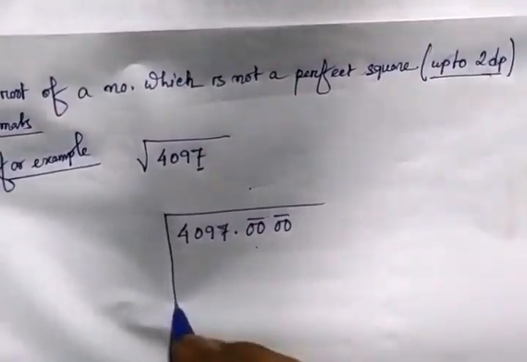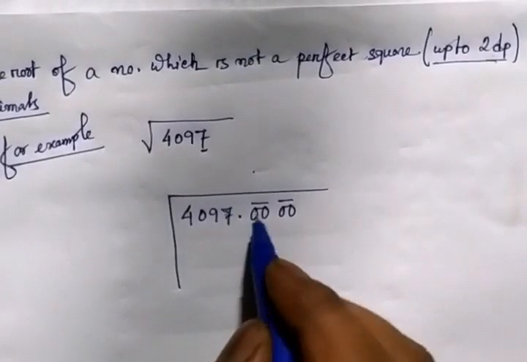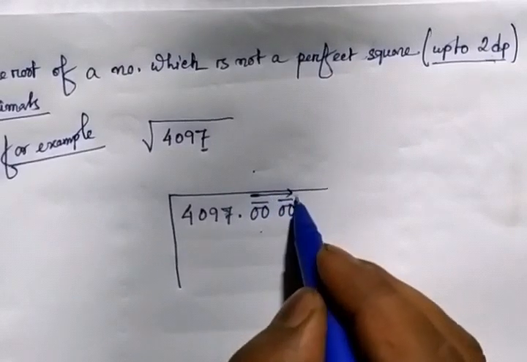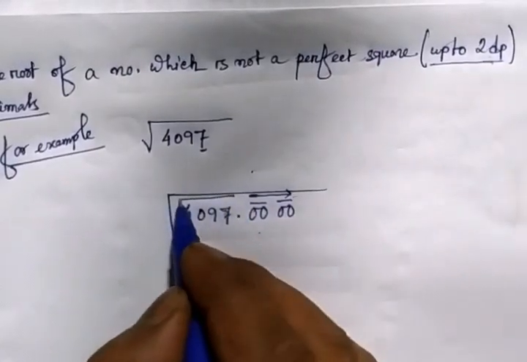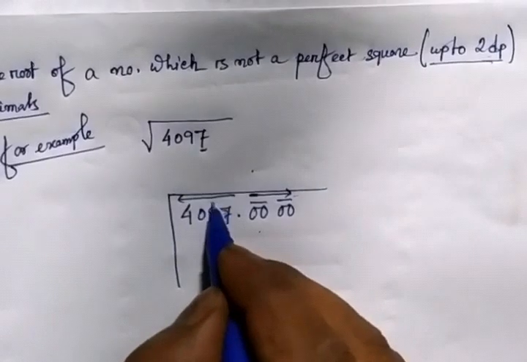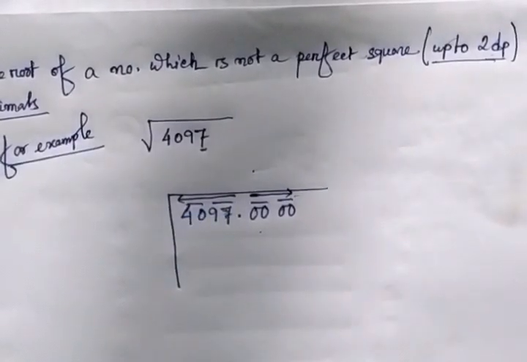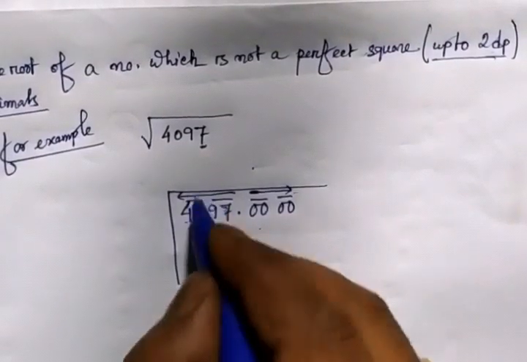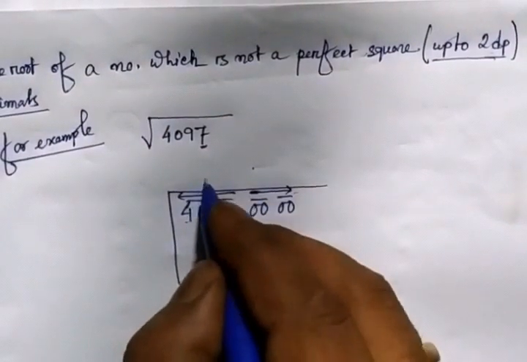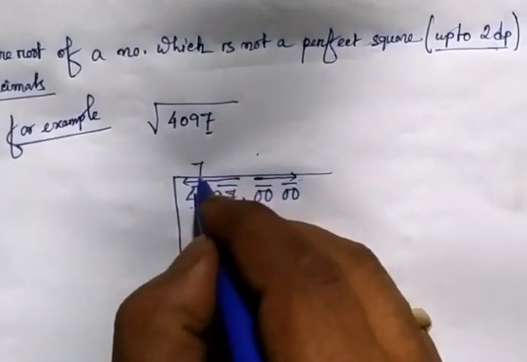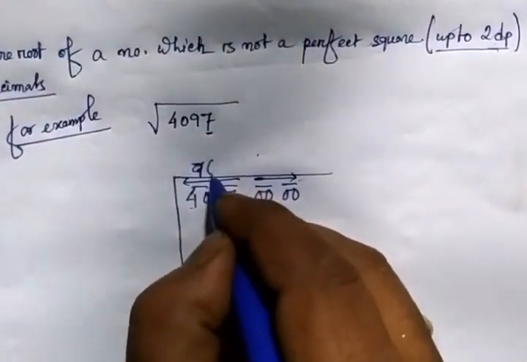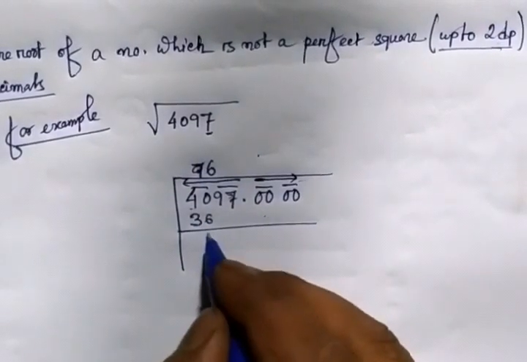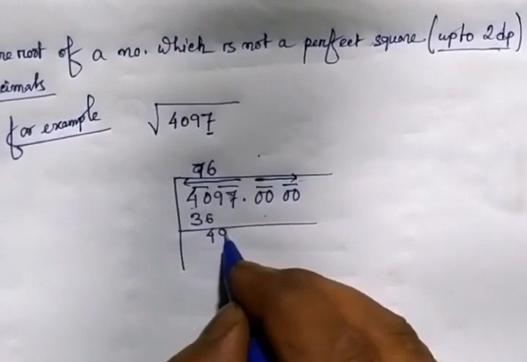Similar process. One thing: in case of decimals, pairs after the decimal go in this direction and pairs before the decimal are made in this direction. So 40 97 97. 6 times 6 is 36, 7 times 7 is 49. If we take 7 here, then it's bigger. So we take 6, 6 times 6 is 36, and if we subtract, we get 4 and 97.